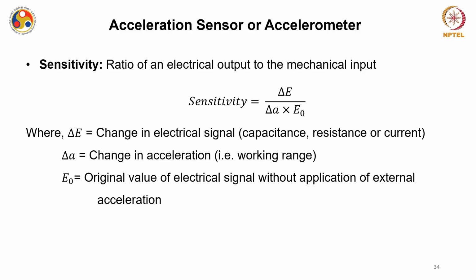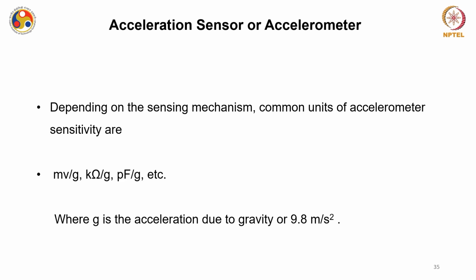So sensitivity is given as ΔE divided by ΔA into E0, where E0 is the original value of the electrical signal without application of any external acceleration, ΔA is the change in the acceleration which should be in the working range, and ΔE is the change in the electrical signal, which can be in the form of current or voltage or other electrical parameters.